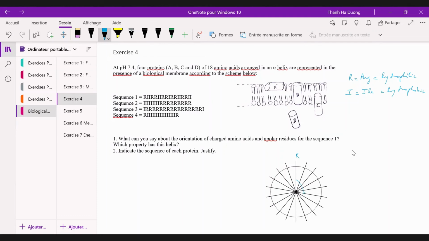So R is here, and after that will be an I, R, R, I, and so on.